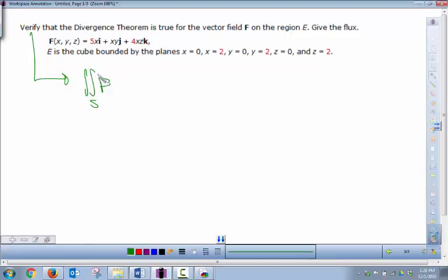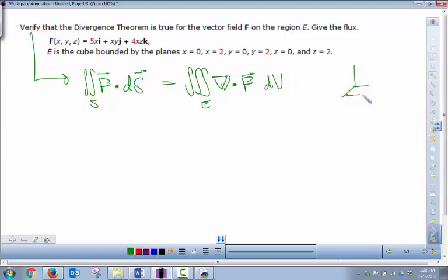So this time, let's use Gauss's theorem to see if we can simplify our work a little bit.